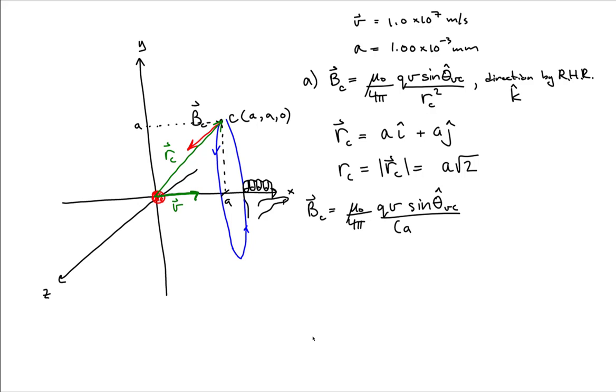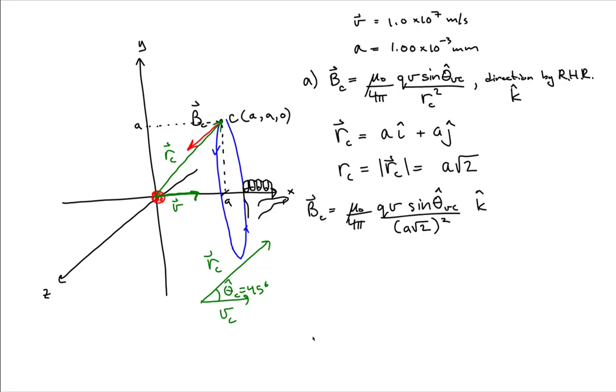So this is over a root 2 quantity squared in the positive z direction. Well, if we look at this, the angle between the velocity vector and the relative position vector is equal to 45 degrees.